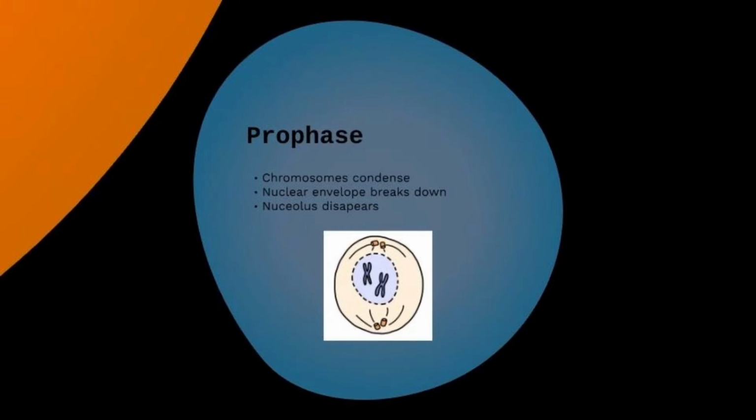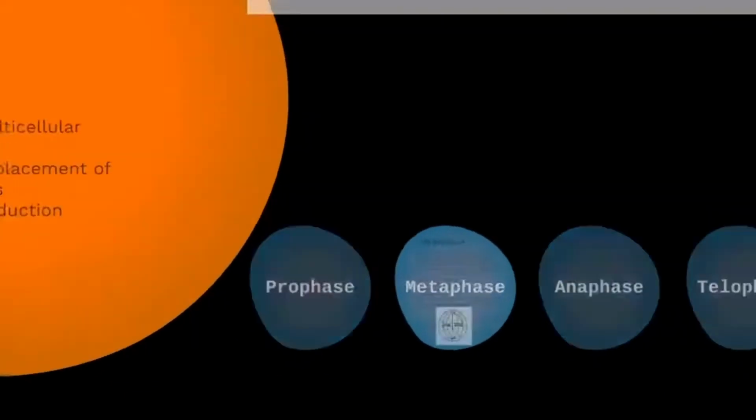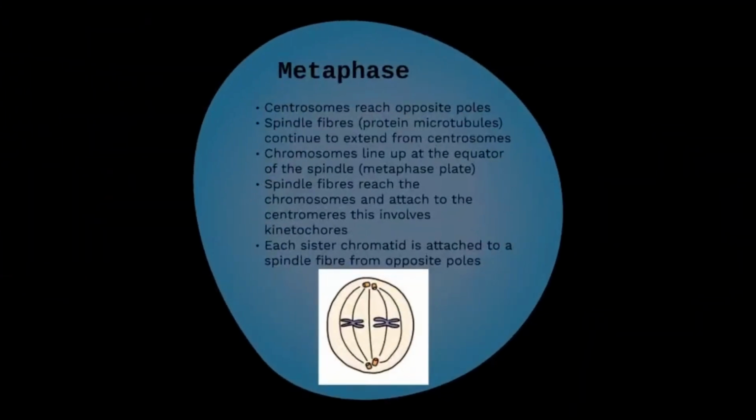We then have metaphase. During metaphase, the centrosomes, which we learned about in the cell structure lesson, reach opposite poles of the cell, so they go to opposite ends of the cell. Then we get spindle fibers, which we also talked about previously, and they extend from the centrosomes and grab hold of the centromeres, which are part of the chromosomes.